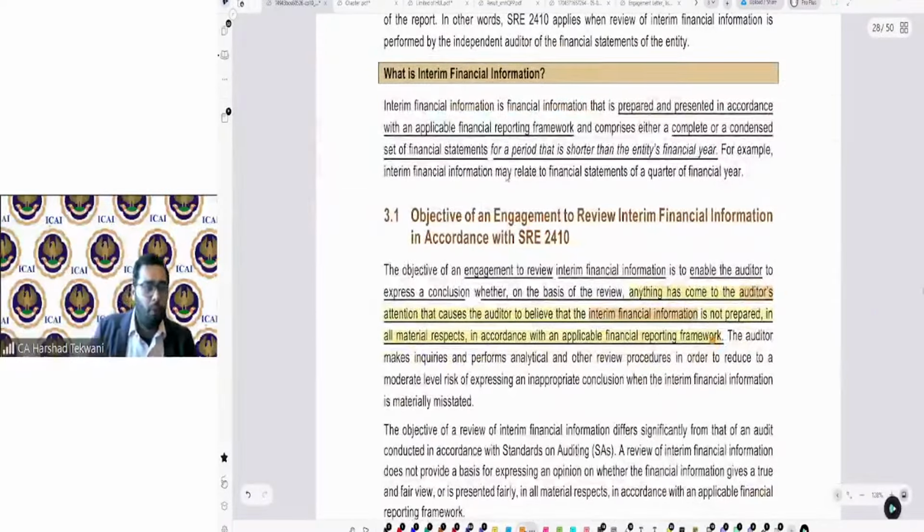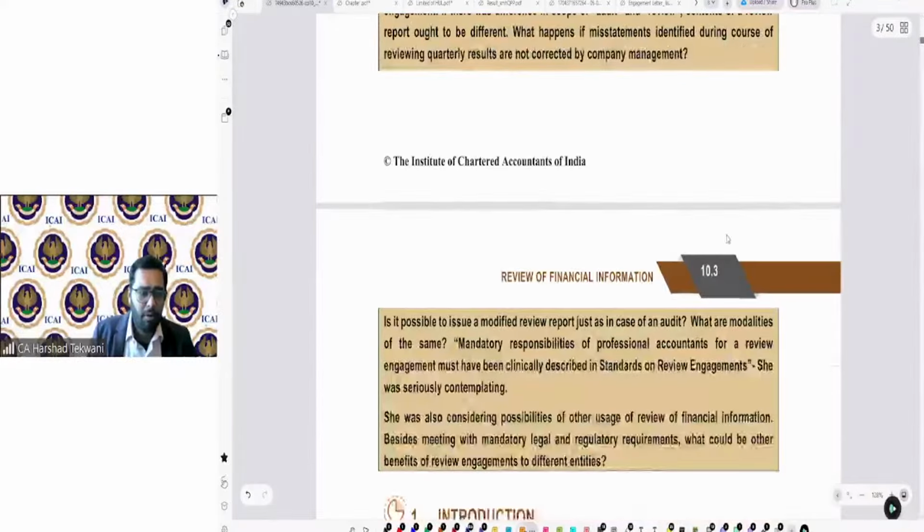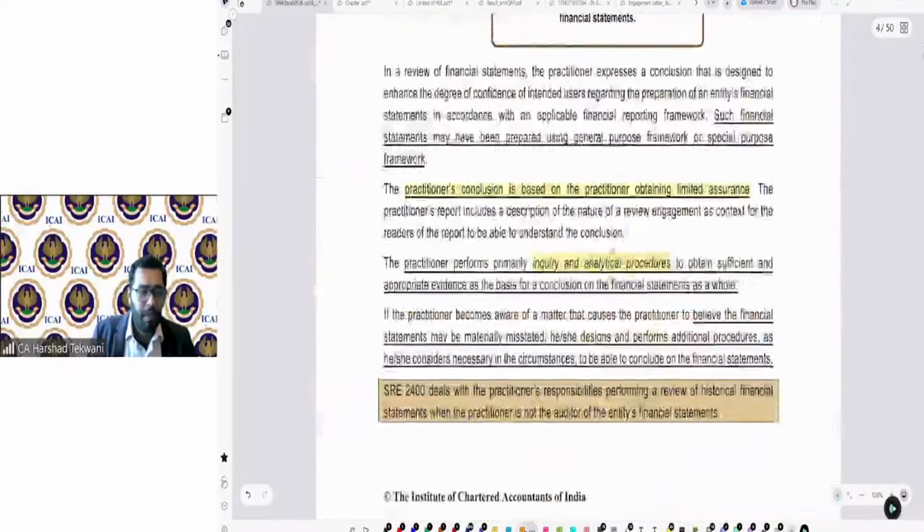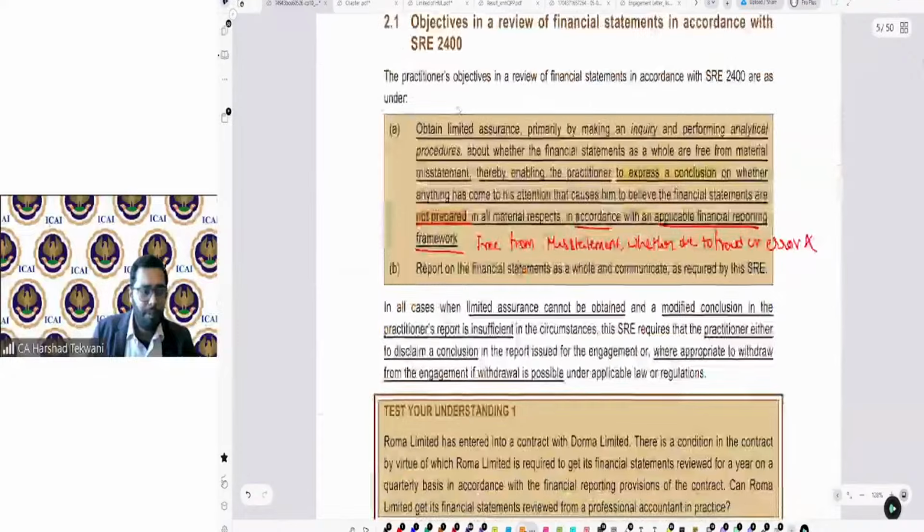If I go back and show you the objective under SRE 2400, the practitioner obtains limited assurance by making inquiry and performing analytical procedures on whether the financial statements as a whole are free from material misstatement, thereby enabling the practitioner to express a conclusion whether anything has come to his attention to believe otherwise in the financial statements, not the interim financial information.